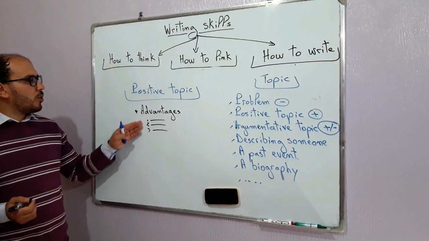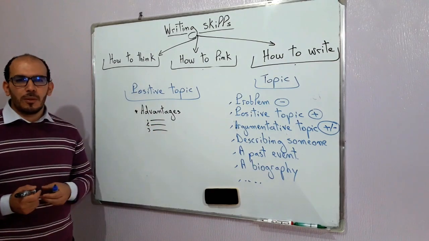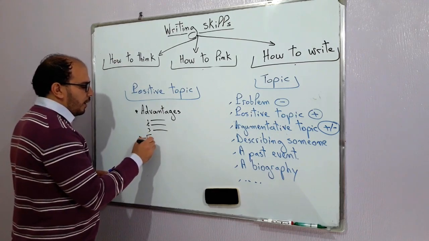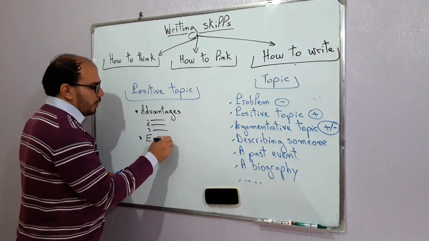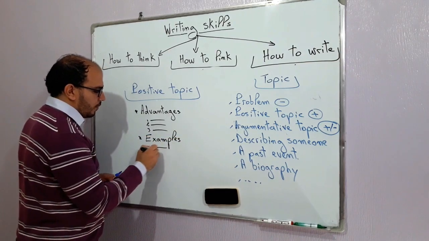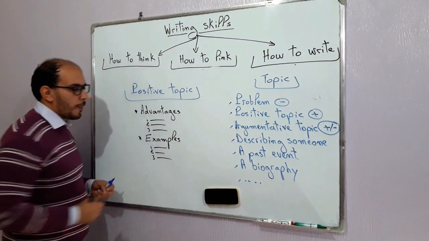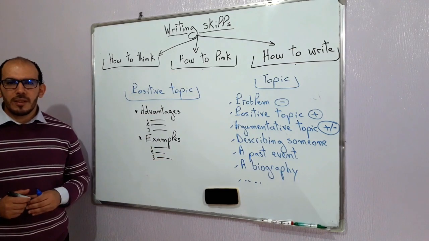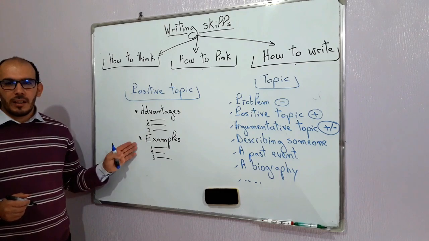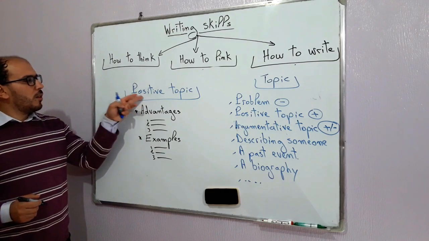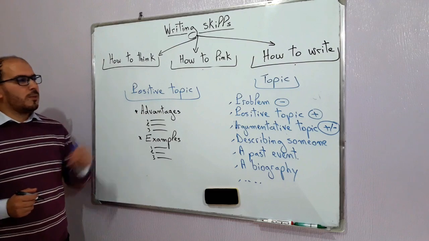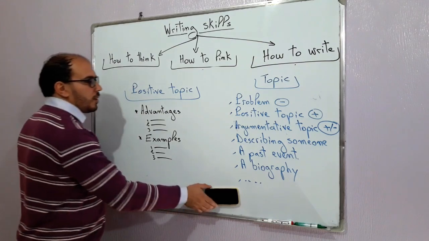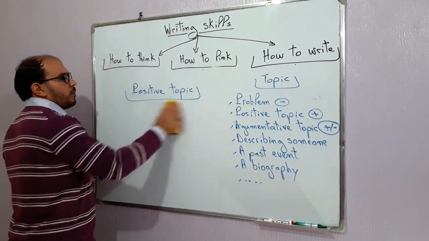So the advantages of this topic that they tell me to write about. Then to support these advantages, I have to give examples. So these are the most important required ideas that you have to mention in your writing whenever you have a positive topic: advantages and examples. Suppose that I have argumentative topic.